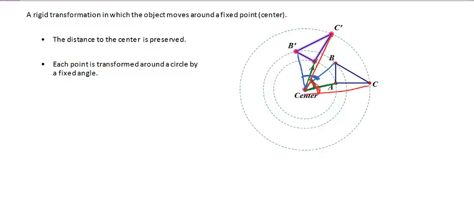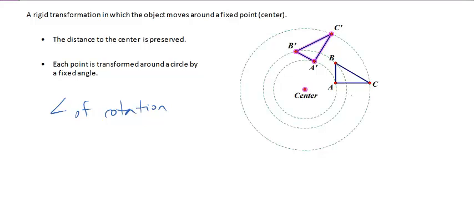Right? This congruent angle is always going to be the same, and that is called the angle of rotation. That's what defines the rotation itself. So if you have an angle and a center, then you can rotate any object. And obviously, when I do, since it's rotated around a circle, as you can see in this picture, the distance is the same.